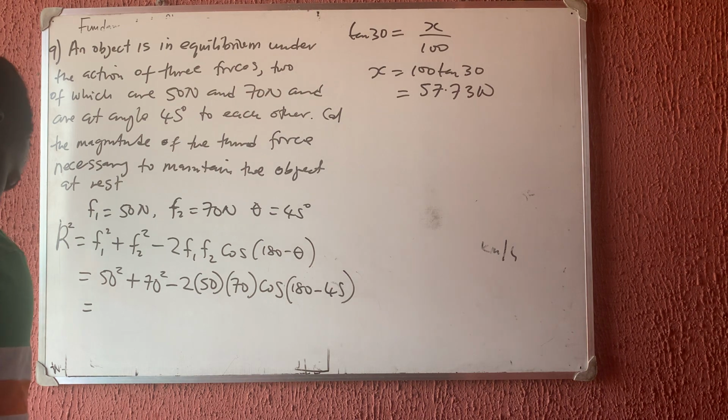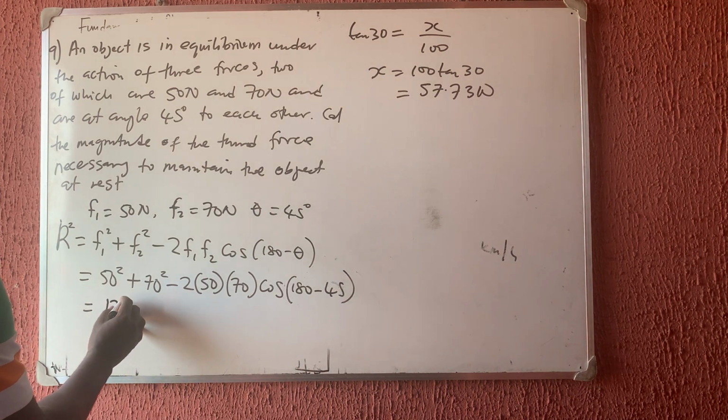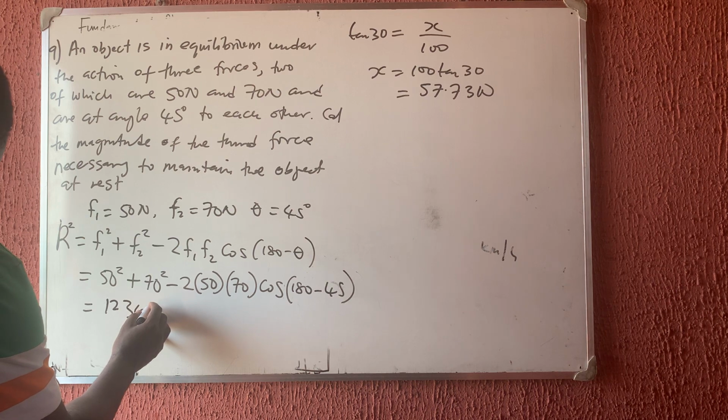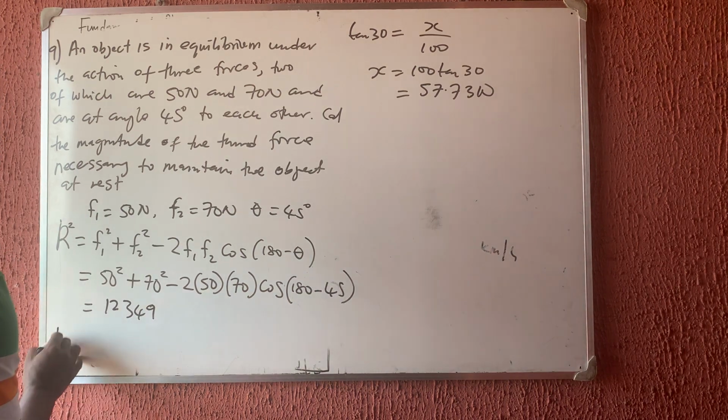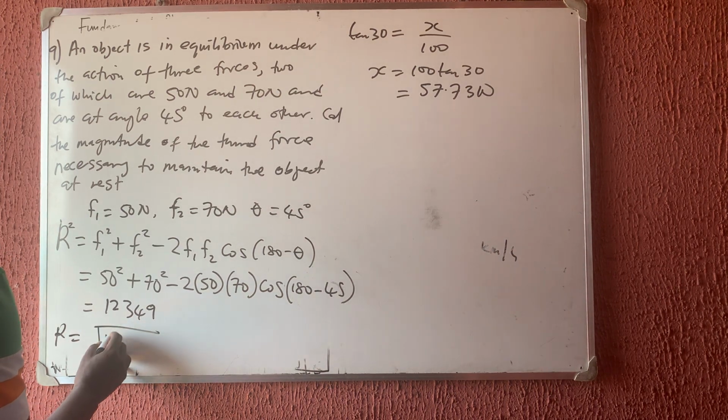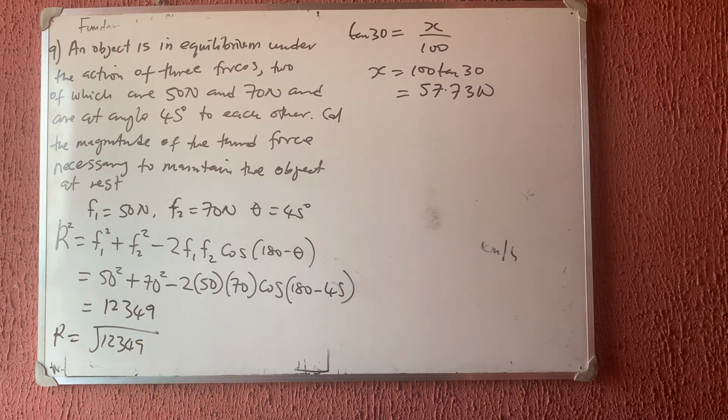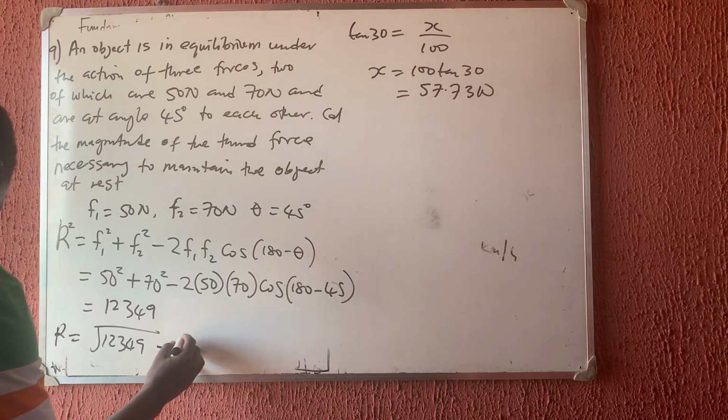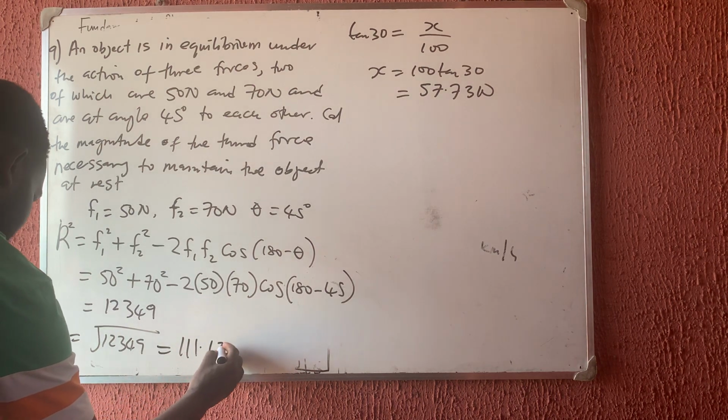I'm having 12,349. So my R will now be the square root of 12,349. So the square root of my answer is giving me 111.13 degrees.